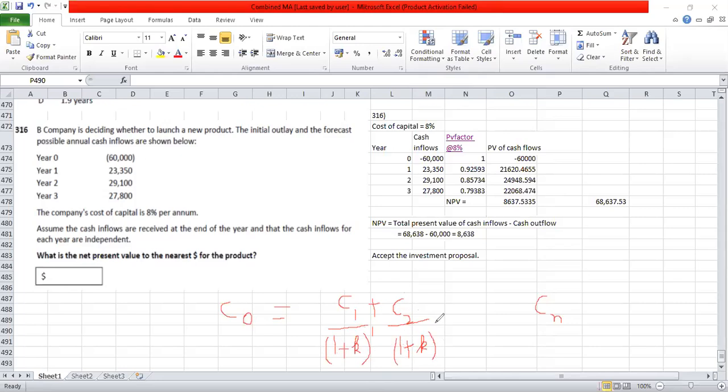So it goes on like that. If it is nth year, then we see that Cn by (1 plus K) whole to the power of n.